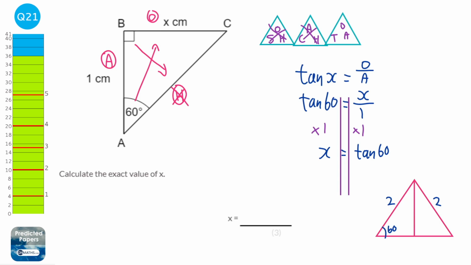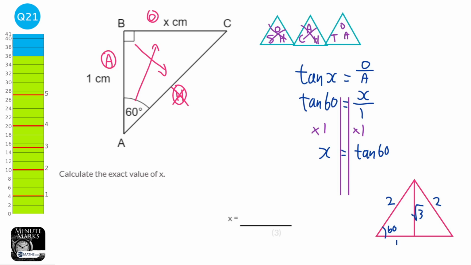And so the length at the bottom will be 1. And using Pythagoras, we've got to work out the length here. It's going to be 2 squared, which is 4, take away 1 squared, which is 1, will be 3, and then square root it would be root 3. So we know that's going to be root 3.